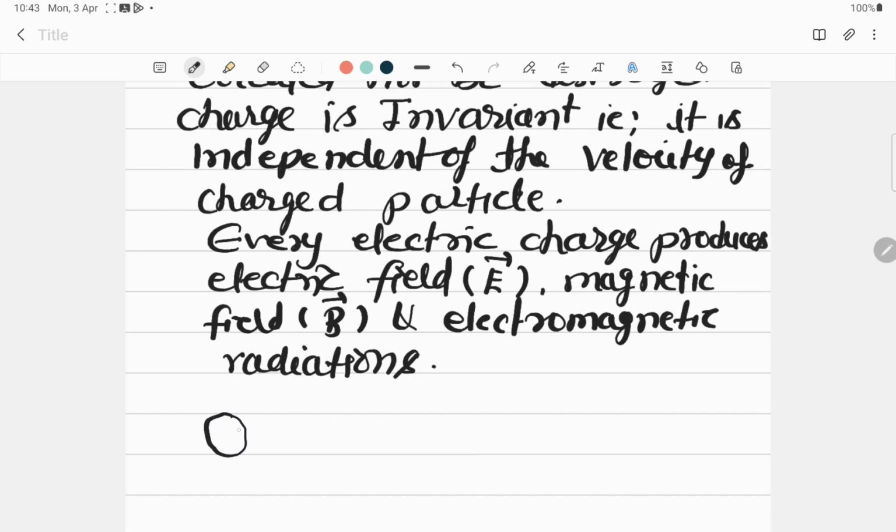So let me show this way. This is a positive charge.